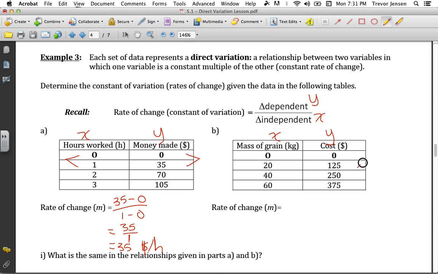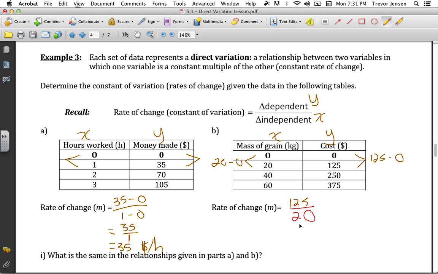So I'm going to calculate my change in y: 125 minus 0. And then my change in x. I use the first two for y, so I also have to use the first two for x: 20 minus 0. So the change in y was 125 minus 0, which is 125, and my change in x was 20 minus 0, which is 20.